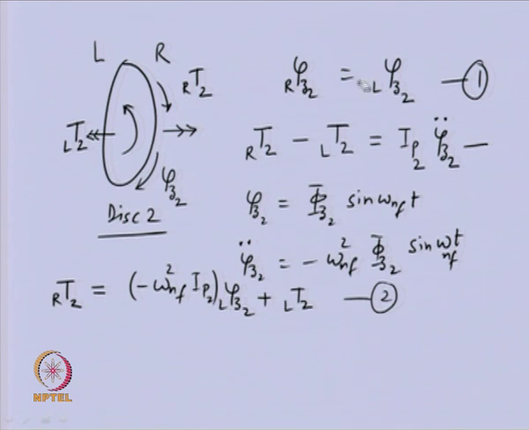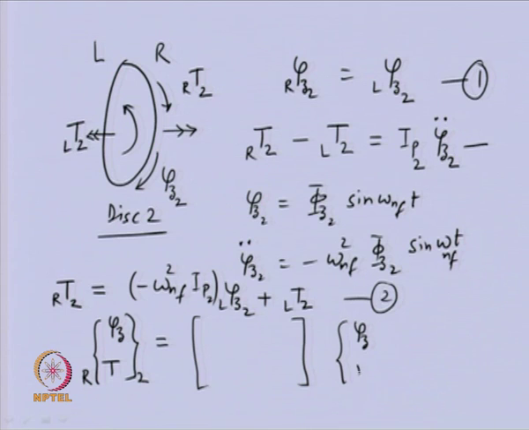Now, we can combine these two equations, 1 and 2, in matrix form. So, this is the displacement and torque. I am writing the subscript and the back subscript outside of this vector, and we have one matrix and another field variable vector belonging to the left of disc 2.